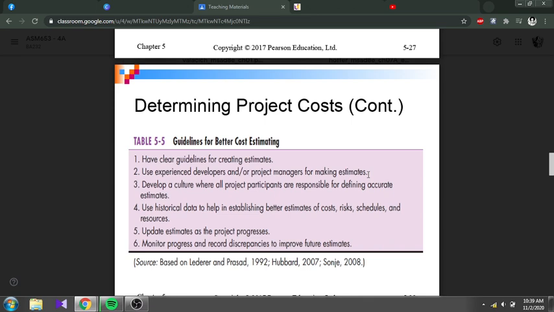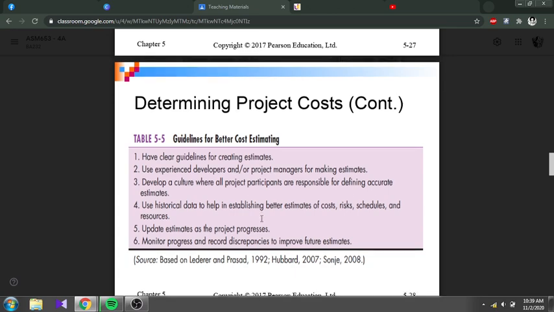You have to update because in the middle of the project maybe we get a delay of raw materials on production. And last, you have to monitor progress and record discrepancies to improve future estimates.